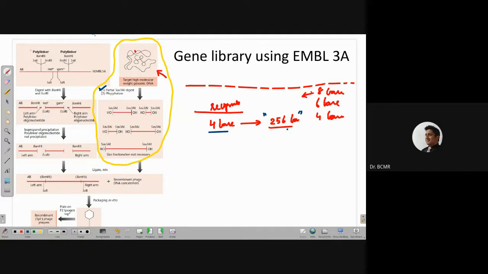Partial means you'll only allow a little bit of time for the interaction between DNA and the restriction endonuclease Sau3A. So they will take a tube, add the DNA, add a very small amount of Sau3A.